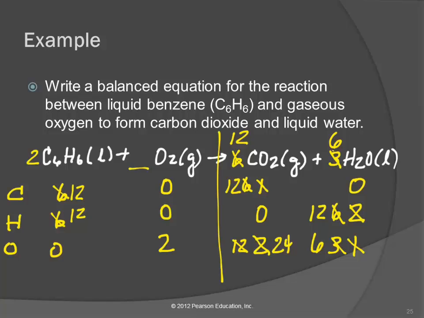Now how many oxygens do we need on the right side? 24 plus 6 equals 30. 30 is an even number. Yay! How many pairs to get 30? 15. So if we put a 15 in here, we're going to be good.